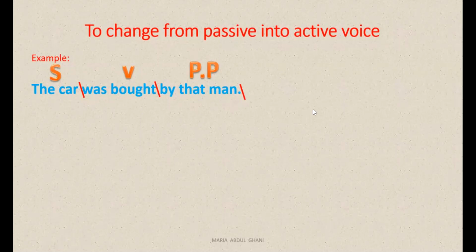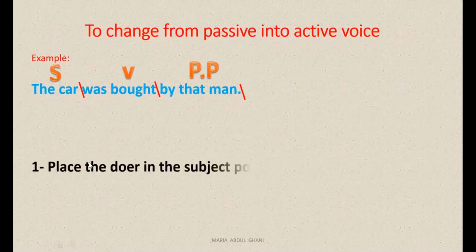What to do? Step by step, we are going to make the steps of changing from active into passive voice upside down. Pay attention. Number one, place the doer in the subject position. Who's the doer of the action? The man, or that man. You have to place it in the subject position.